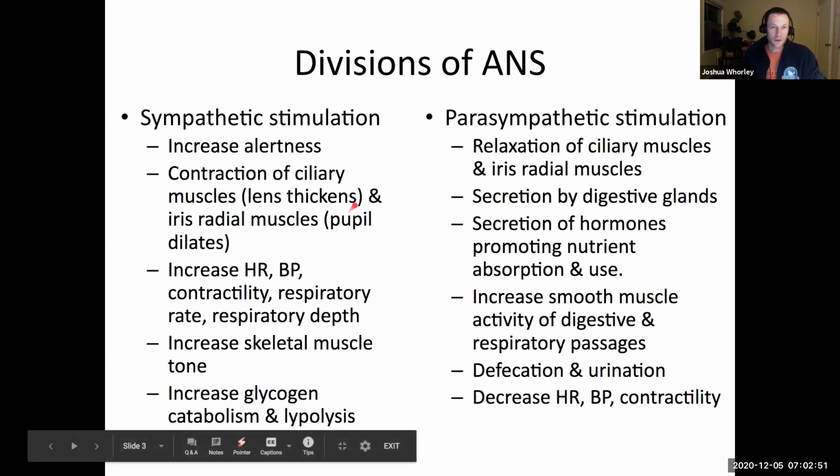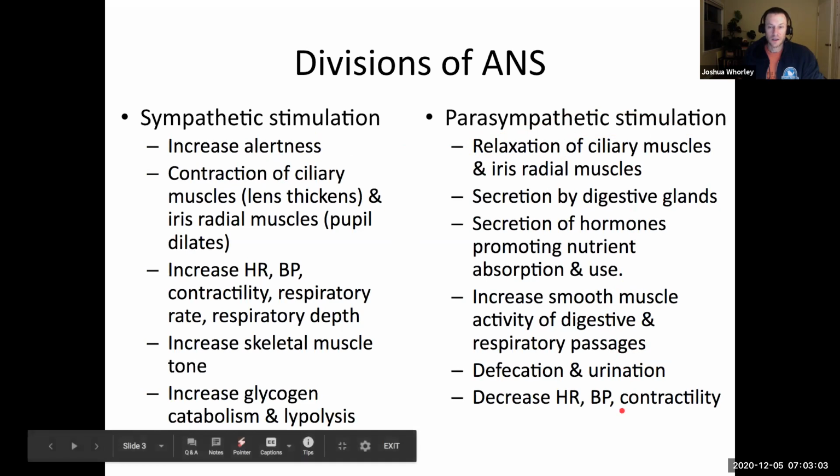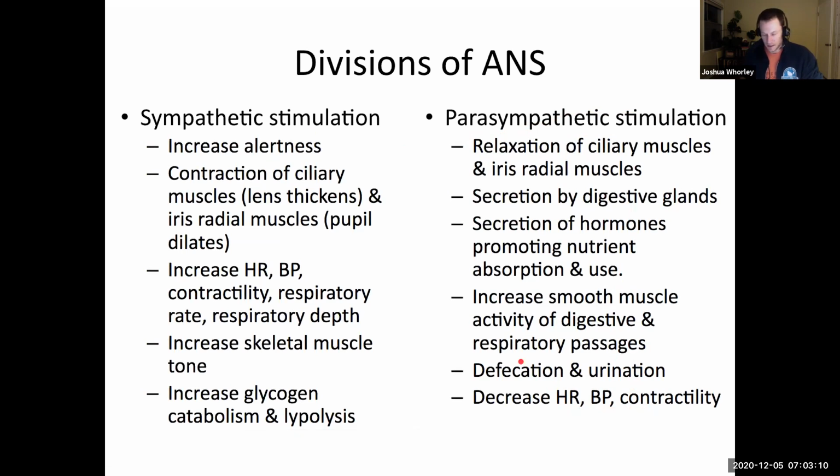So do notice that just because we're talking about stimulation, it doesn't necessarily mean excitation, right? In a lot of cases, stimulation of the parasympathetic results in relaxation, right? Results in a reduction in metabolism. So just keep in mind that this is not all about inhibition and this is not all about excitation.